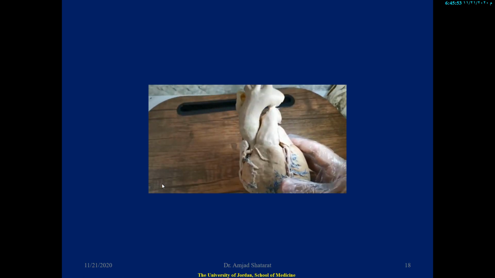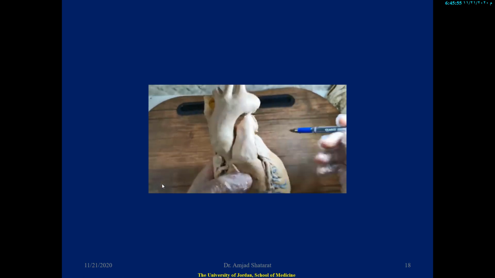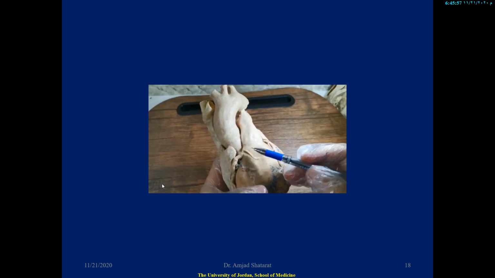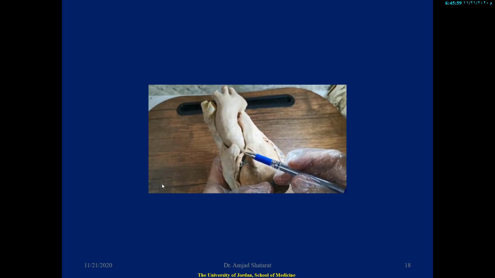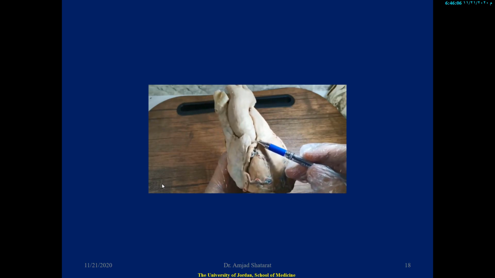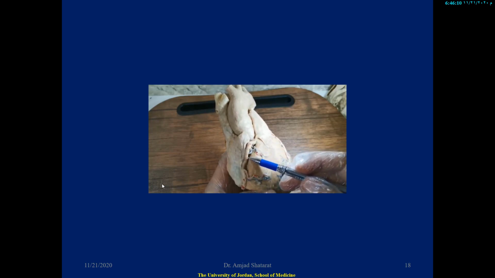Now let's talk about the coronary sulcus. It encircles the heart, separating the ventricles and the atria externally. This is the right part of the coronary sulcus.